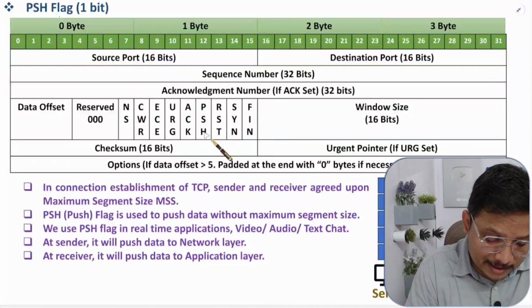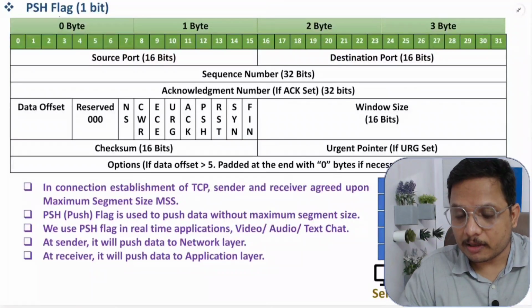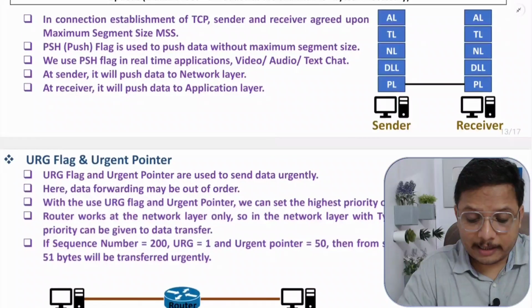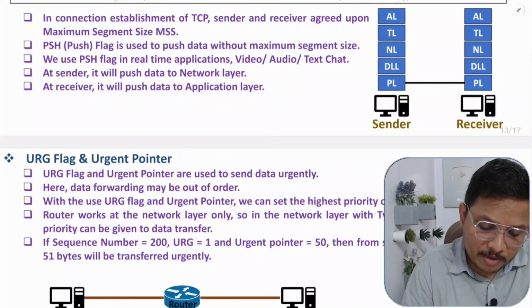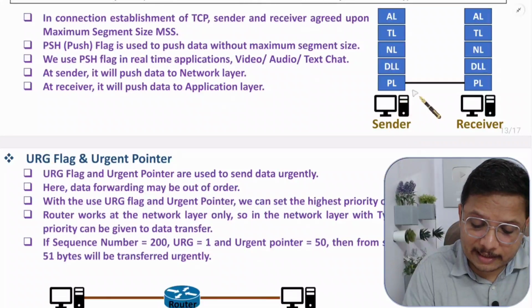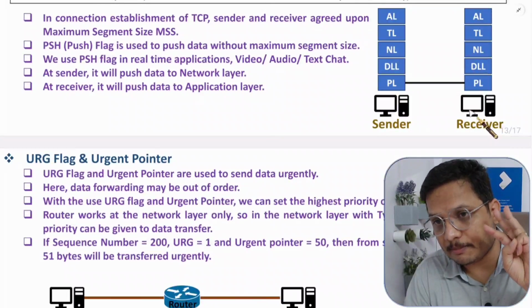See, PSH that is having size of 1 bit, it is referred as push flag. So here you need to understand how we use push flag. See, here before we transmit data in between sender and receiver, there are 3 stages which is happening in TCP.